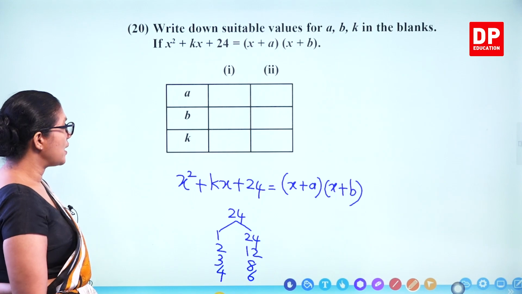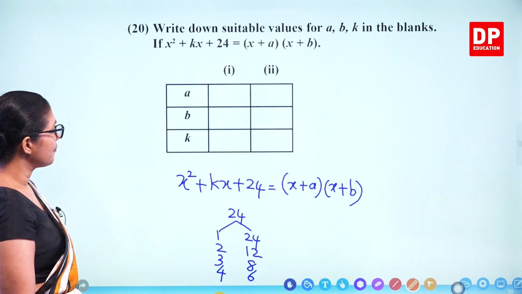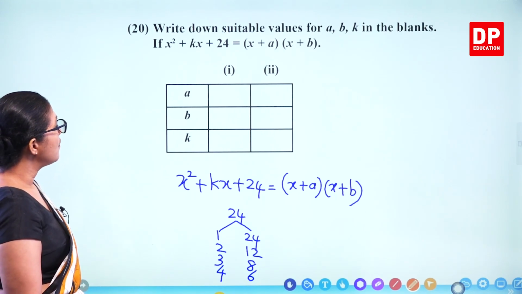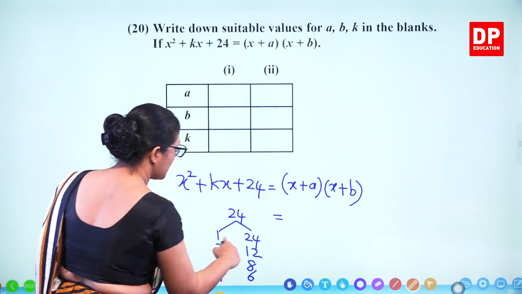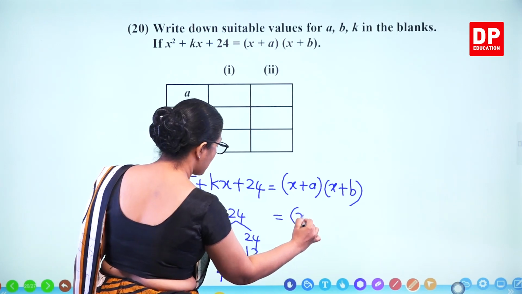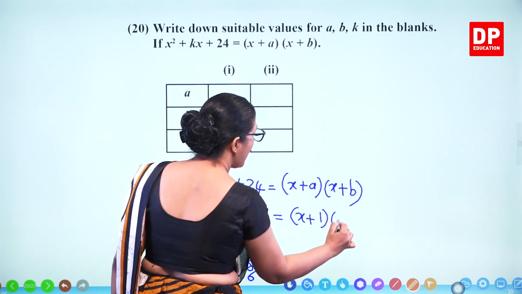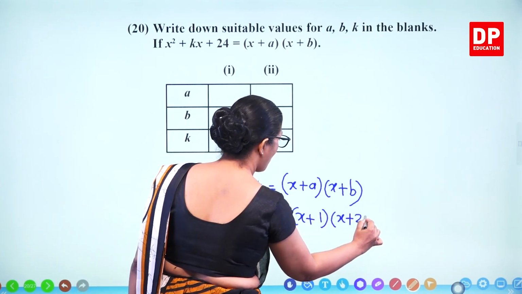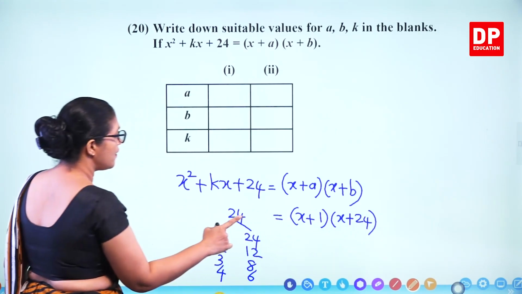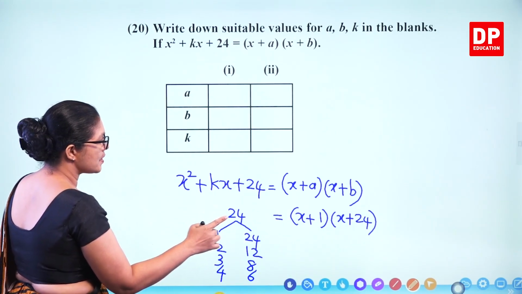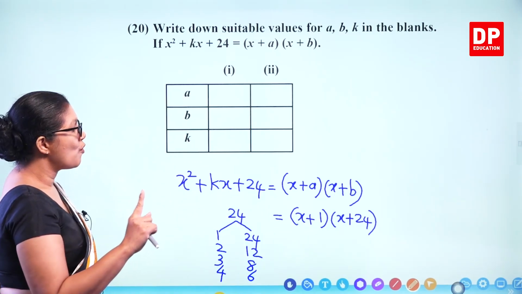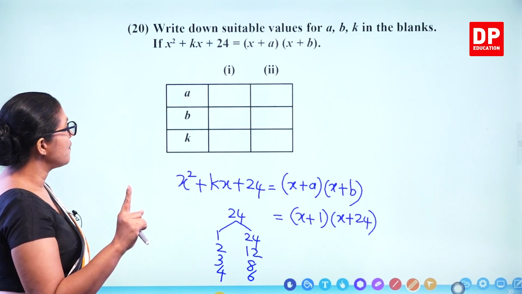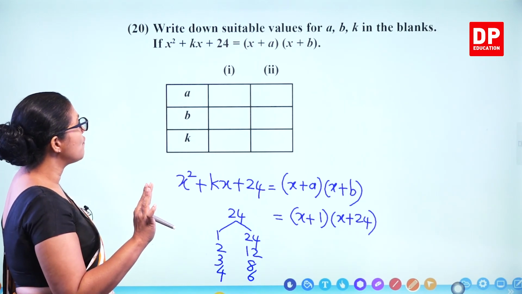Actually 4 pairs of factors we can write. So if a equals this one, you can write x plus 1 and x plus 24. Then k becomes the addition of 24 and 1, 25. So k becomes 25 then.